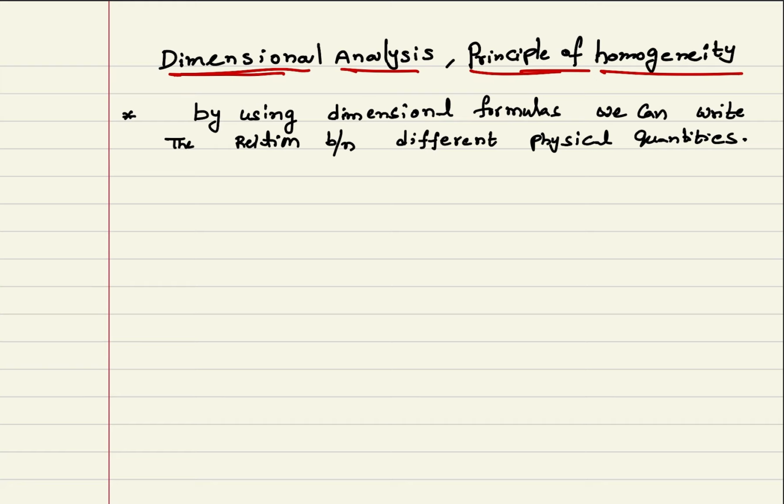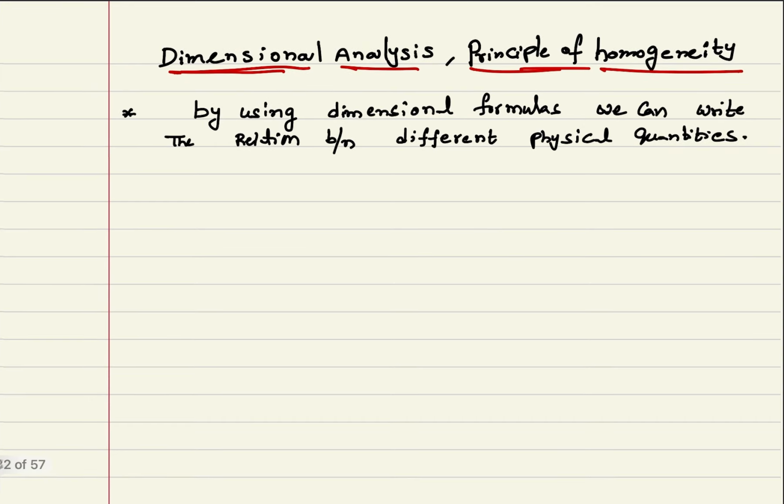You can check, suppose, a kinetic energy, mass, velocity relation. If you want to calculate the force, mass, velocity, radius, also you can check. Different relations you can check. For example, I am giving one example.